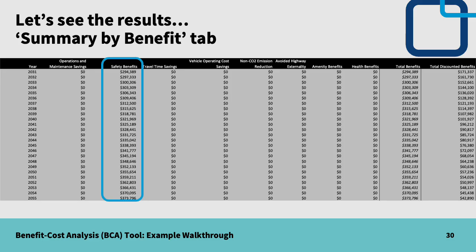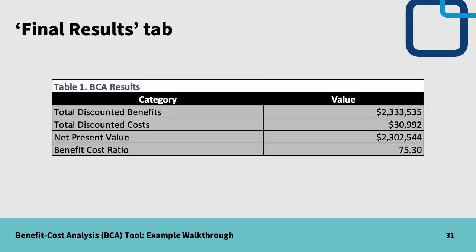Now we move to the Final Results tab with the summary for this first component. We find those same total discounted benefit and cost calculations, and derived from these we have our net present value, NPV, and benefit cost ratio, BCR. The NPV is simply the total discounted benefits minus costs.